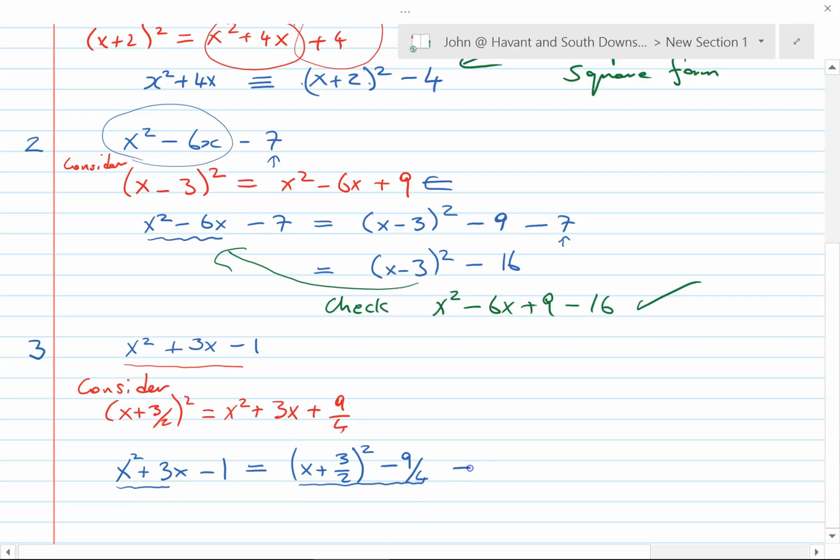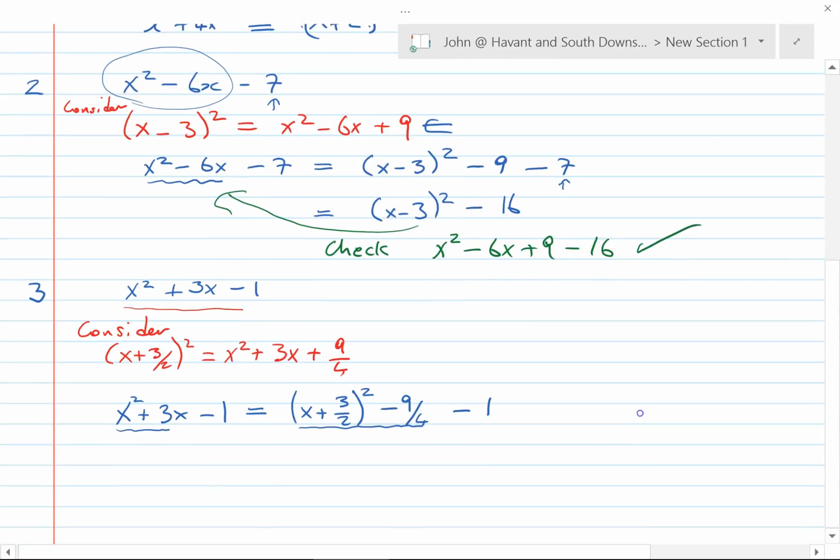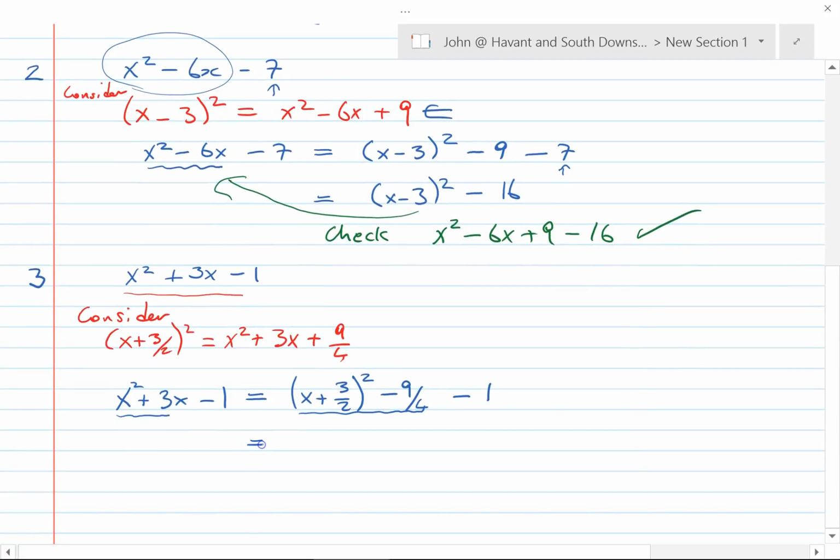But I've still got the take away 1. Okay, and we need to take care with the fractions that we work with the signs properly. For the common denominator, minus 9 take away 4 is minus 13 over 4.